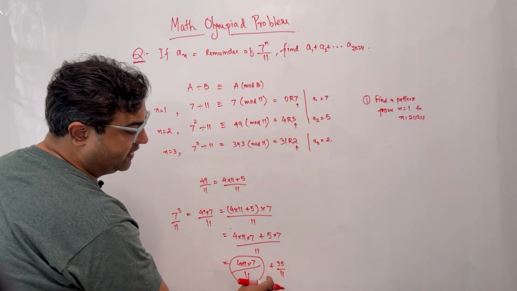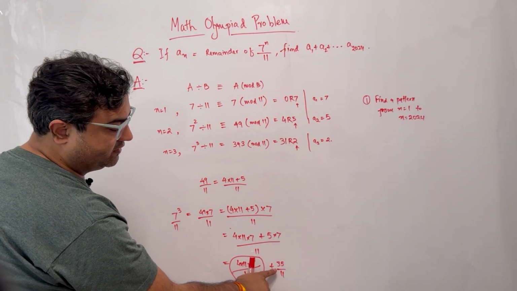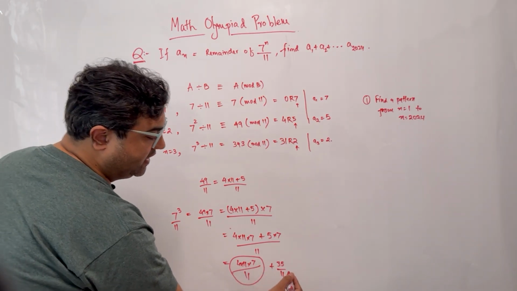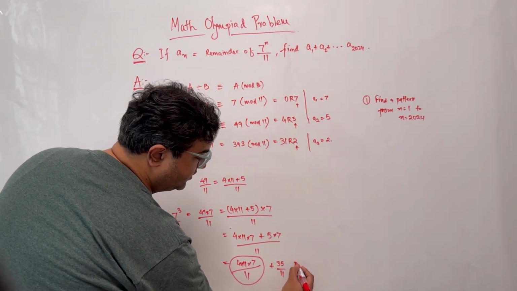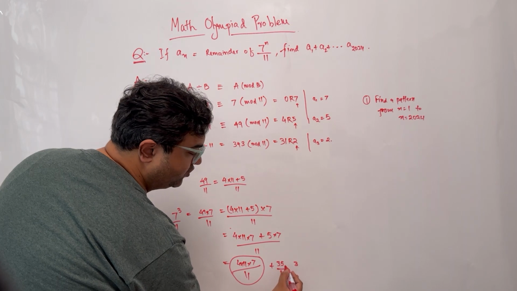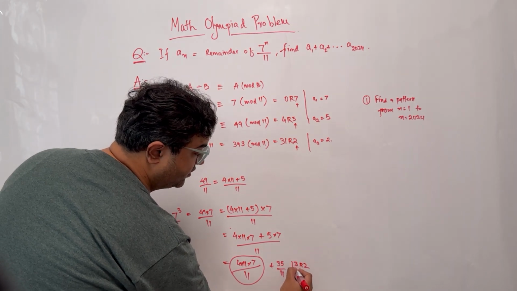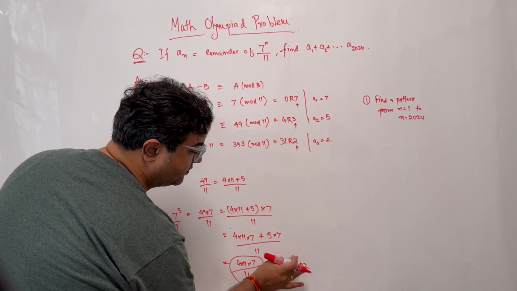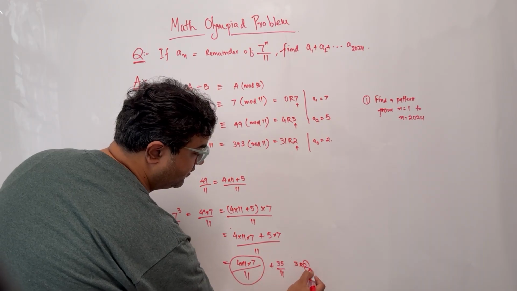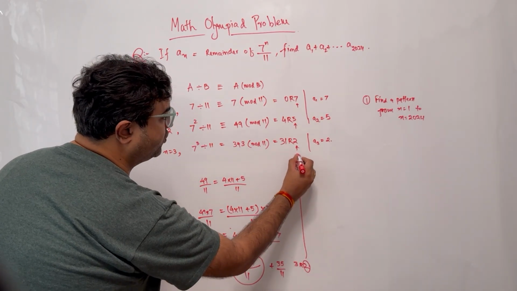Now if we divide 35 by 11, it will go as 3 for 33, and then 2 will be the remainder. This remainder is the same as what we got here.